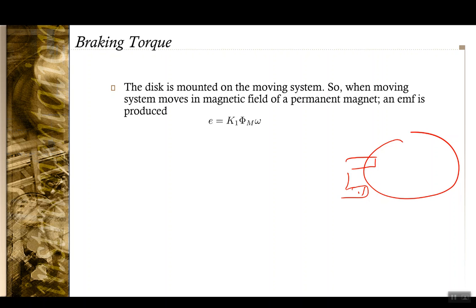The EMF is proportional to the speed at which the conductor is moving in the magnetic field. So E is proportional to phi m, which is the strength of this magnetic field, and omega, which is the speed of rotation of this aluminum disc.